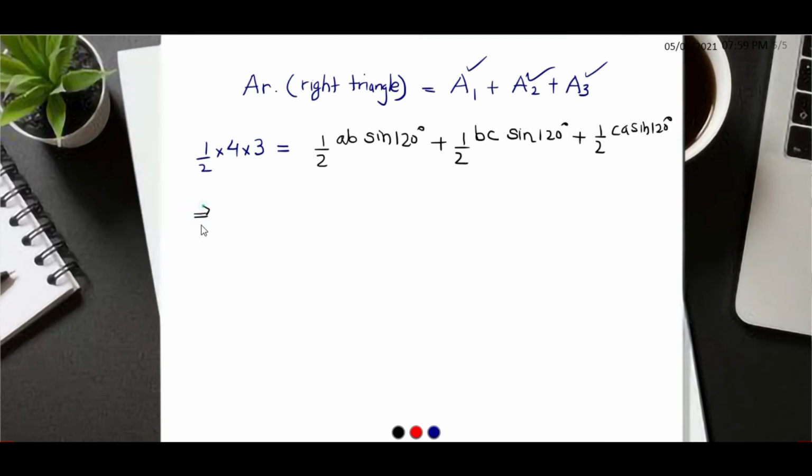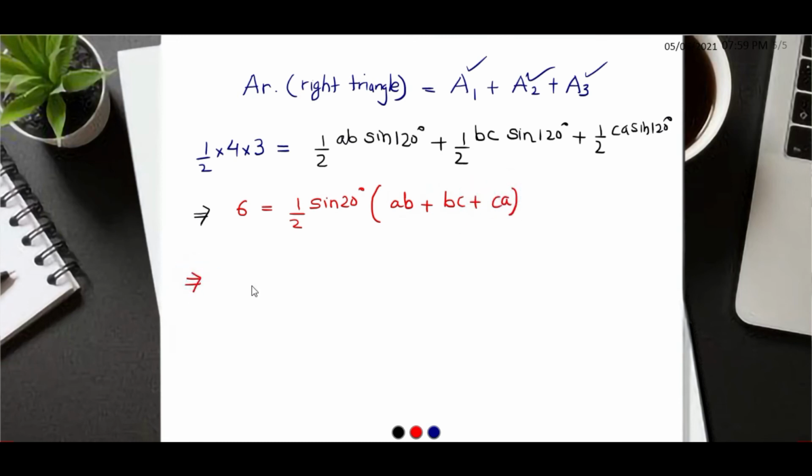The left hand side becomes 6 equals, take half as common and sine 120 degrees also as common, AB plus BC plus CA.